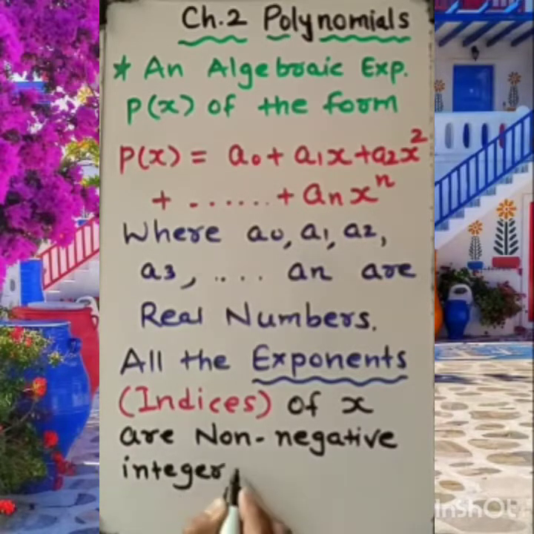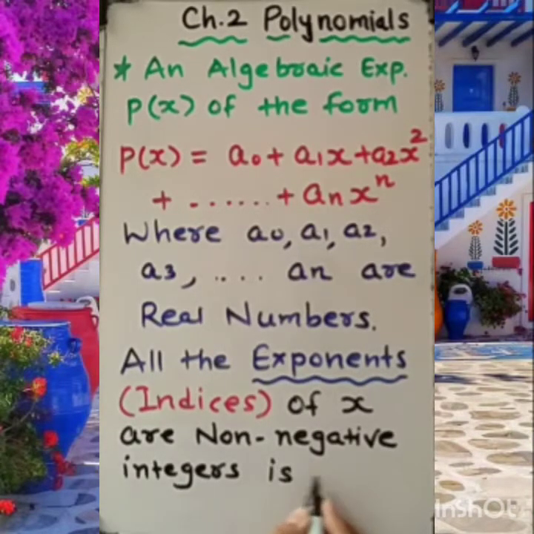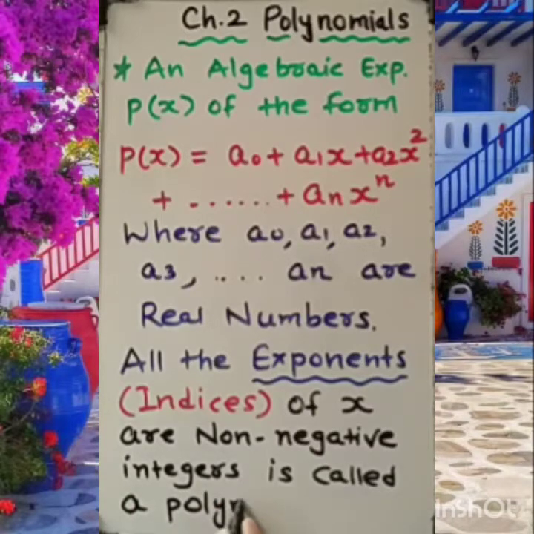They are non-negative integers, and that's why it is called a polynomial. It is called a polynomial in x because here the variable is x, so we need to mention it is called the polynomial in x. Okay, this is a very important thing.